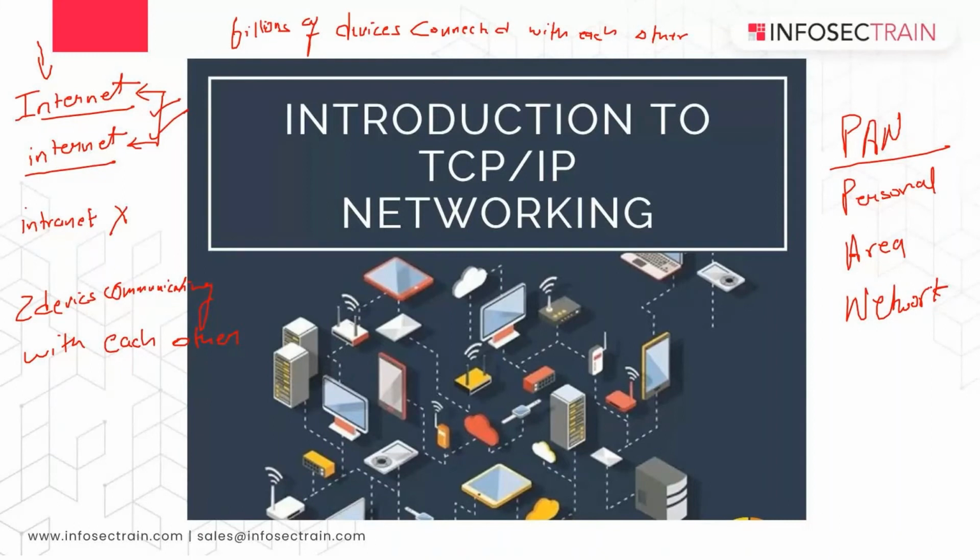And it tells that two devices are communicating with each other and it is within a room only. It's not outside a room. That is known as the internet with a lowercase i. And the whole WWW, the World Wide Web, that is the Internet with an uppercase I. A hotspot or Wi-Fi you can also call the internet with a lowercase i, within a room only, if you are communicating.